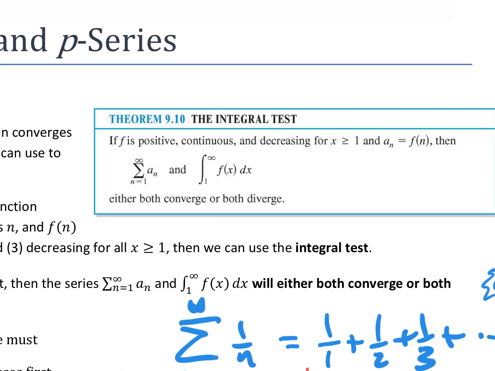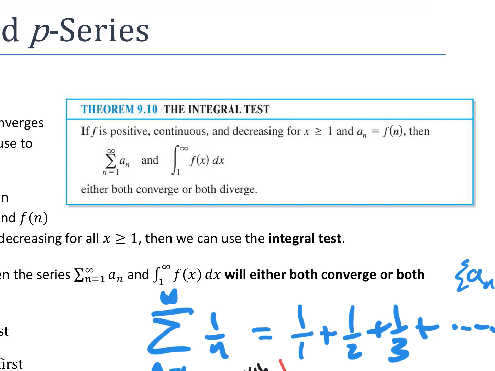If we have a function f, and that function is positive, continuous, and decreasing, all those things have to be true, and we've got a sub n equal to some function of n, then we can compare it to this integral here. And either this integral and the series will both converge or both diverge.